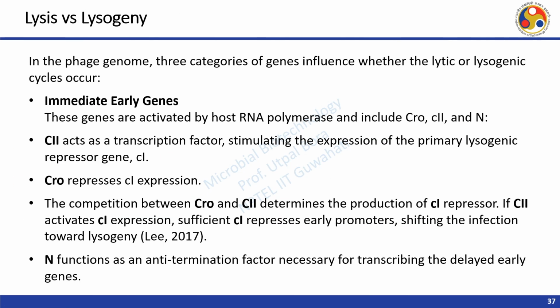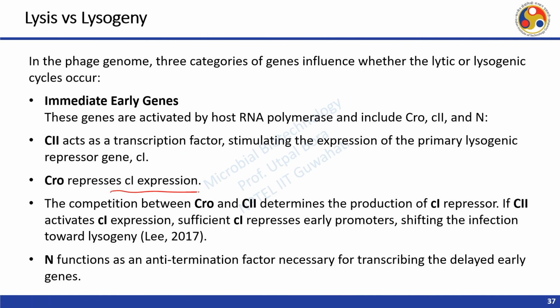And then here you can see the host cell invasion. Let us have a comparison between lysis and lysogeny. In the phage genome, three categories of genes influence whether a lytic or lysogenic cycle would occur. Number one is the immediate early genes. These genes are activated by host RNA polymerases and include CRO, CII and N. CII acts as a transcription factor, stimulating the expression of the primary lysogenic repressor gene CI.